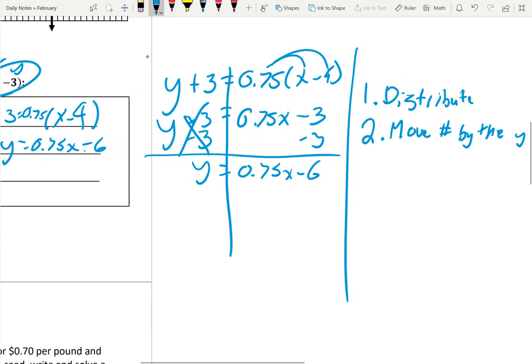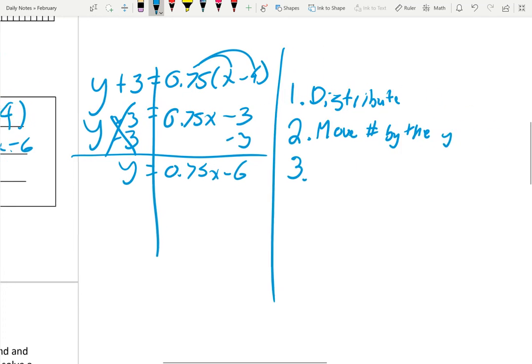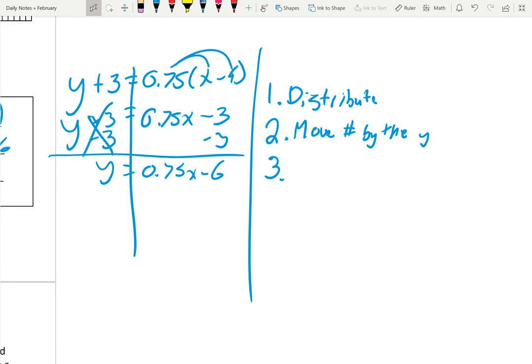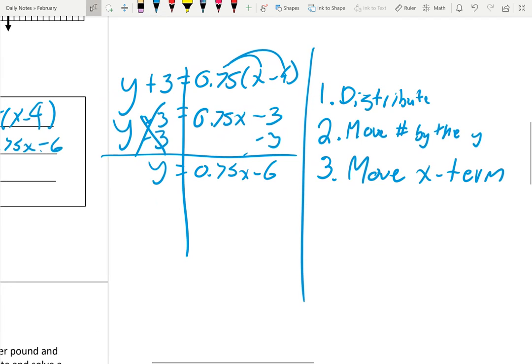And then there's only one more step to get it into standard form, which is to move the x term. So standard form has both the x term and the y term on the same side. So if I move the x term to the side with the y on it, then it'll be in standard form. Since it's a positive term, I'm going to subtract this term to move it.